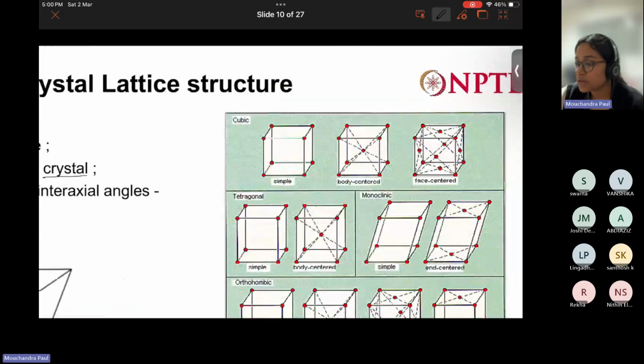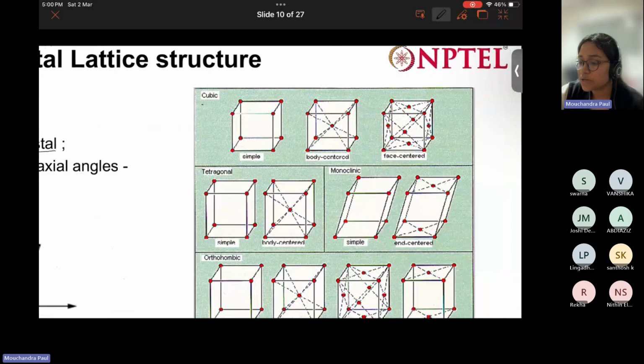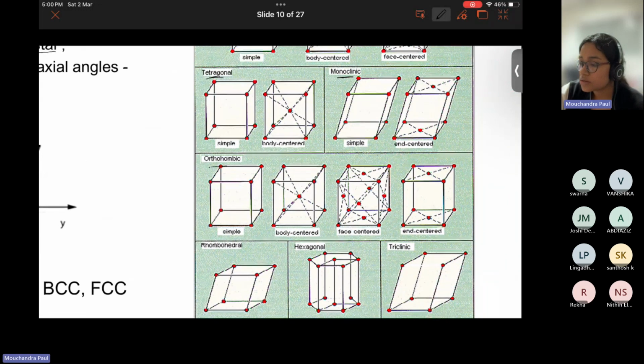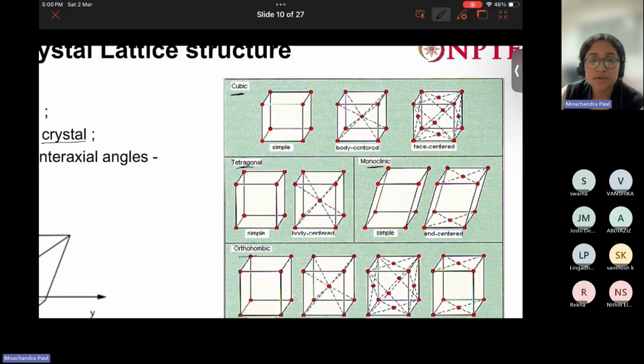So there are cubic, tetragonal, monoclinic, orthorhombic, rhombohedral, hexagonal, and triclinic unit cells. These are all classes of unit cells.